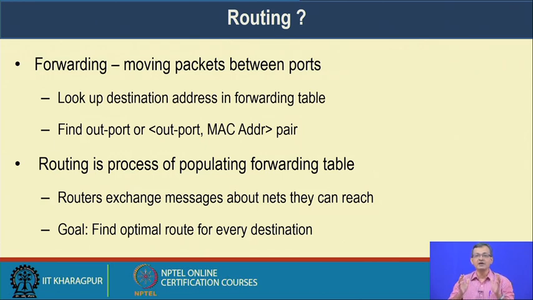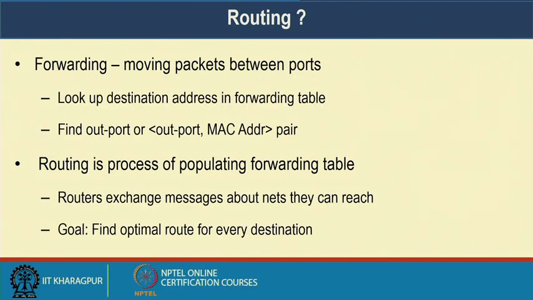Again, I repeat. A router is a layer 3 device which has a lookup table, routing table or forwarding table, which we are using interchangeably. If an input packet comes for some destination, it consults the routing table to see where it needs to be forwarded, and forwards it. Now, the overall internet is a large and dynamic network. So one of the router's objectives is to maintain this routing table.